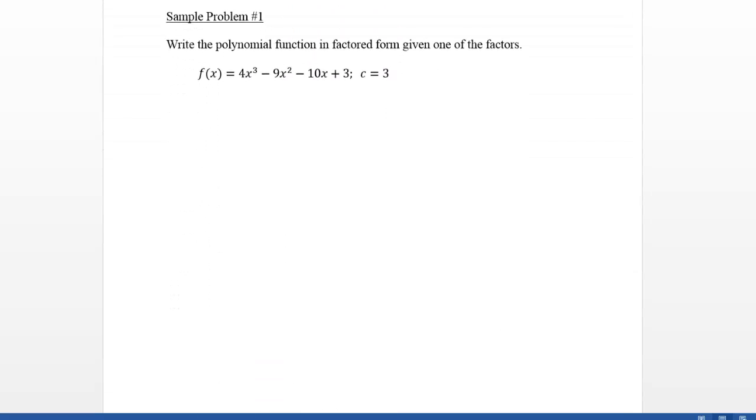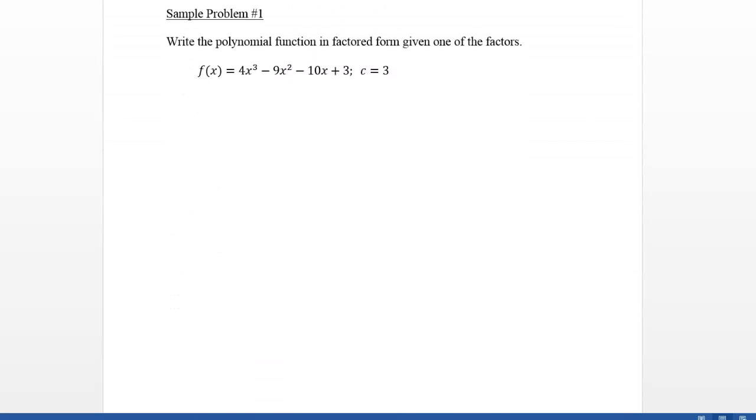So let's take a look at a sample problem here. If you look at sample problem 1, I'll work through sample problem 1 with you, and then I'll let you work sample problem 2 on your own, and we'll see how you do with that one. So let's take a look at what it's asking us to do. It says write the polynomial function in factored form given one of the factors.